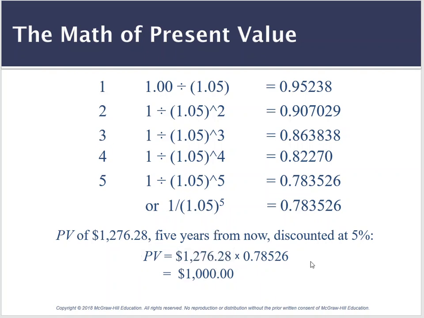And now the easiest way to do that would not be what they have here. We'll talk about this in class, but present value is equal to 1,276.28 divided by 1.05 to the fifth power, and you should get $1,000 if you do that.